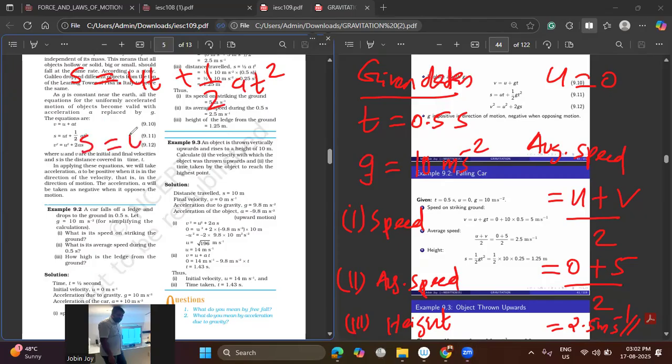So S is equal to ut plus half gt square. Here u is 0, so 0 into t plus half into g, 10, into time 0.5 square.